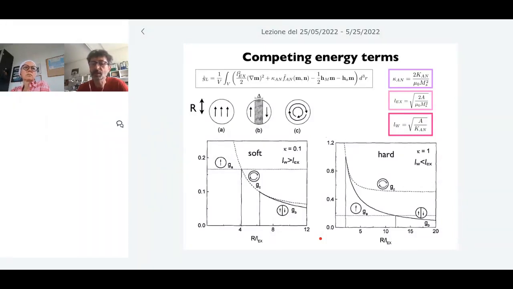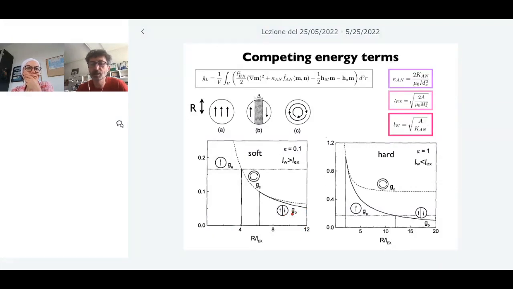And then you can look at which configuration has the minimum energy for a given radius. And you discover a lot of interesting things. So, for example, for soft magnetic material at a very large scale, the energy minimum is given by the multi-domain state.